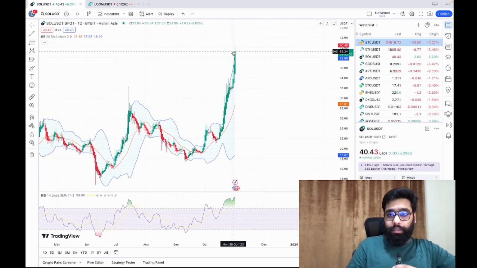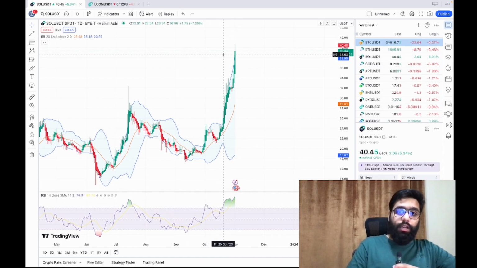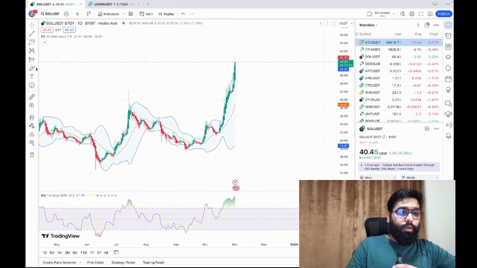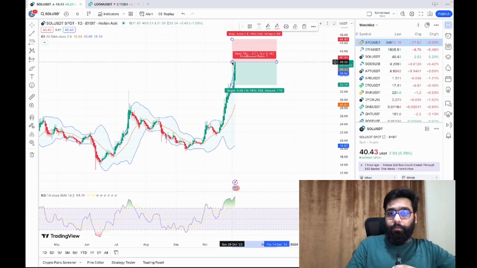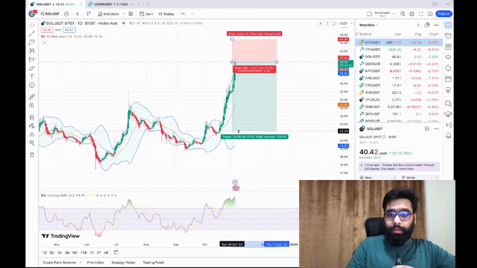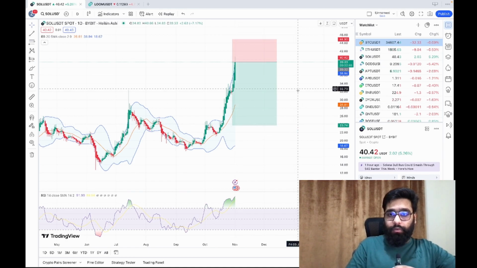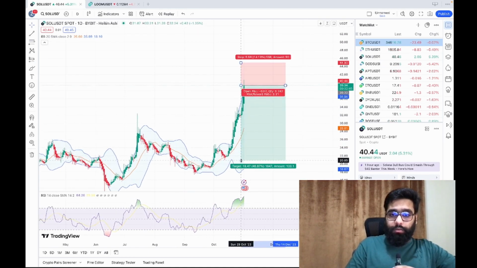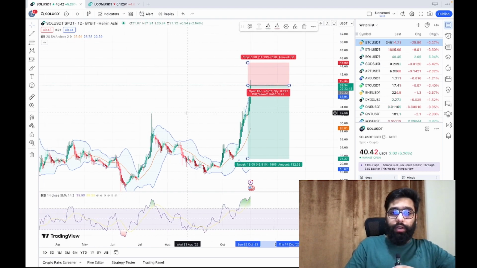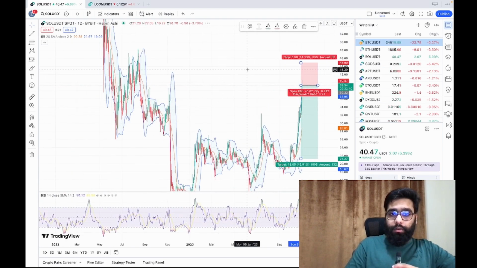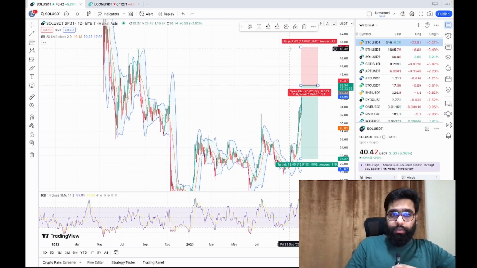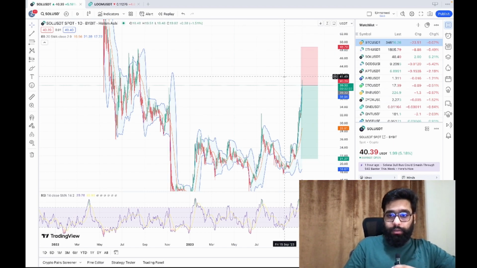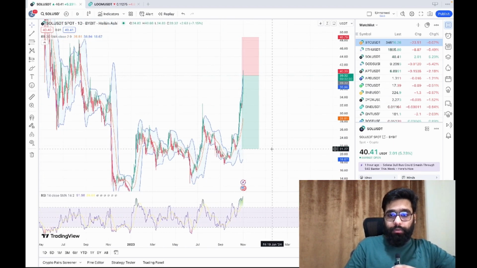Yes, it's touching its upper band right here, and the RSI is also in the overbought region. What we can do is we can short it from here till here. It will be a 1 to 3 hour trade, and we will see whether we have another resistance as well. We have a resistance now at 48.20, and we can see it coming back down to 21.